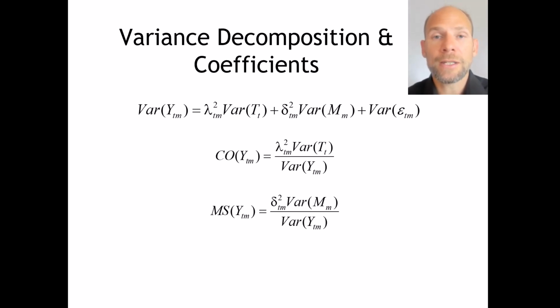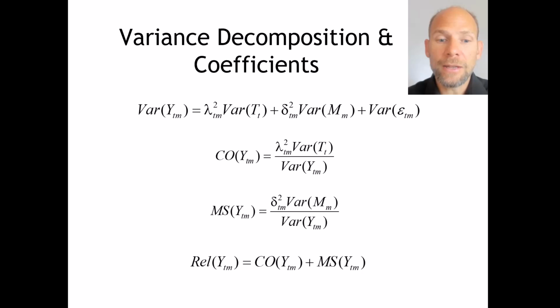So method specificity can also be quantified, and then we can see whether a measure is high in convergent validity if it has a high consistency coefficient, or if it is high in method specificity if it has a high method specificity coefficient. Obviously, it's more desirable for measures to have high consistency and low method specificity, because that would indicate that there is a high degree of convergent validity relative to the reference method.